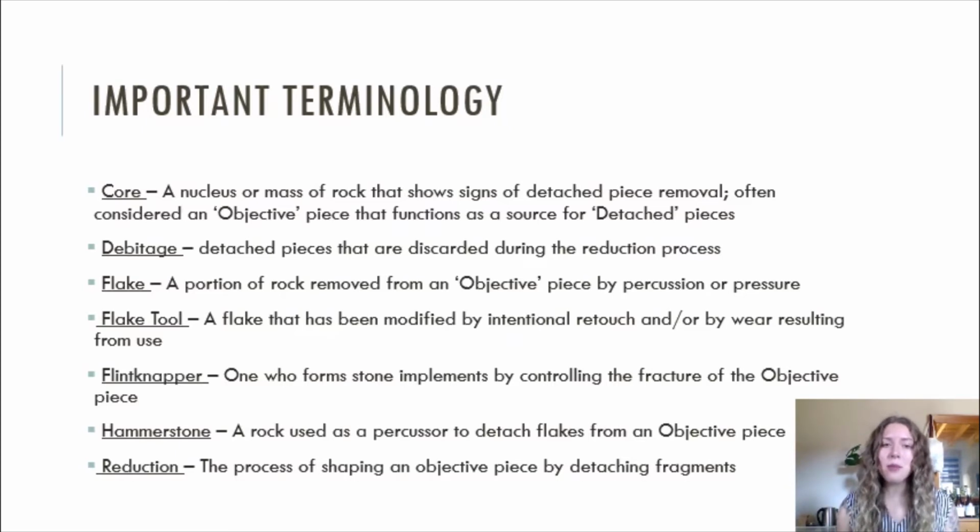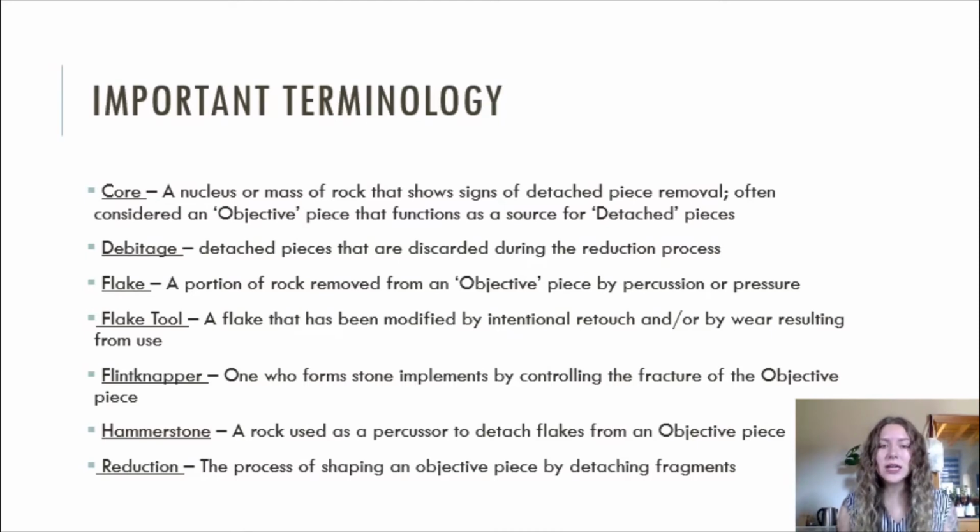A flint knapper is a term for the human agent who forms stone tool implements by controlling the fracture of the objective piece. And the process of producing stone tools is often referred to as flint knapping. So you can associate the two that way. A flint knapper is flint knapping to make stone tools.